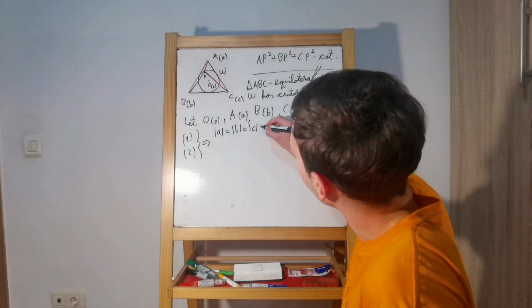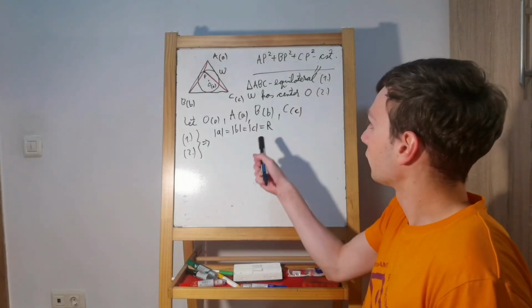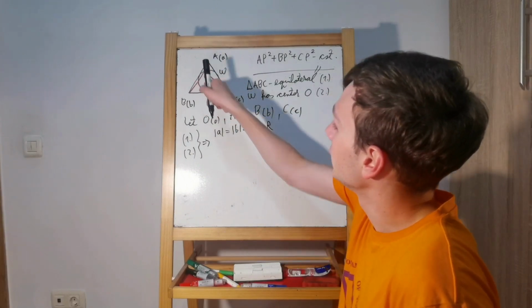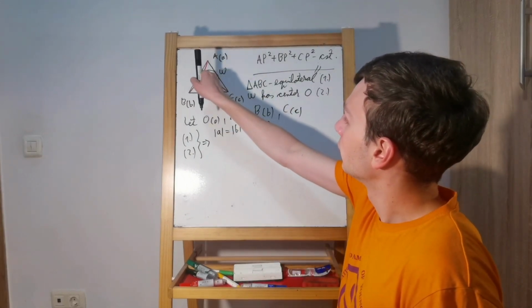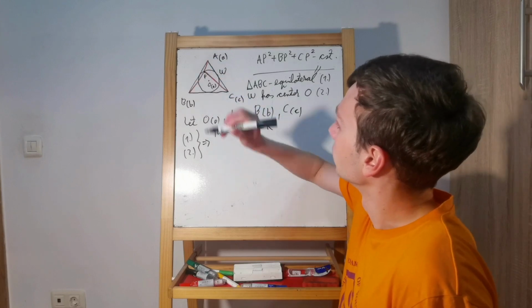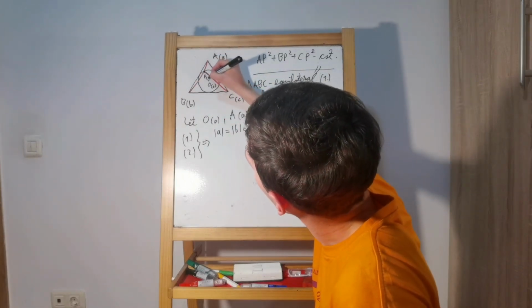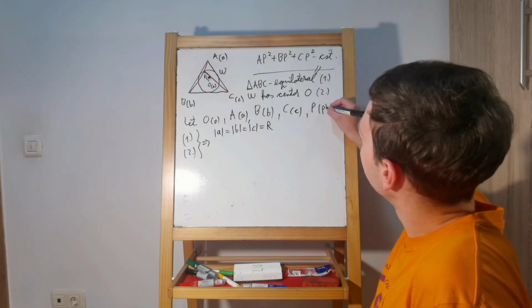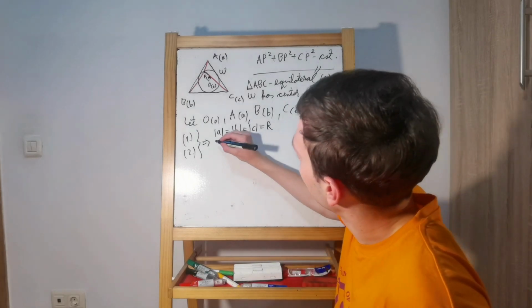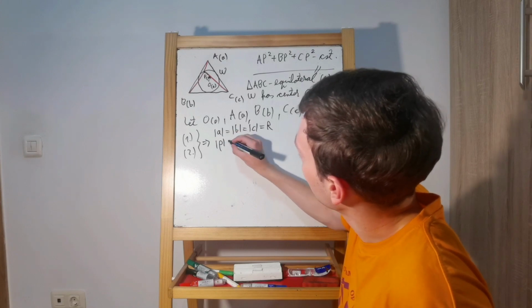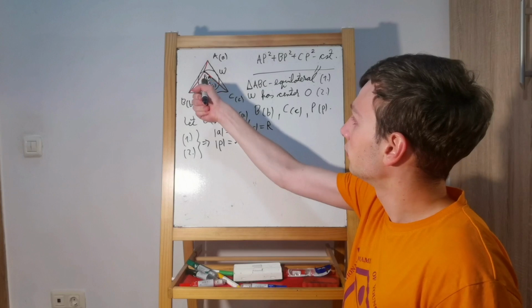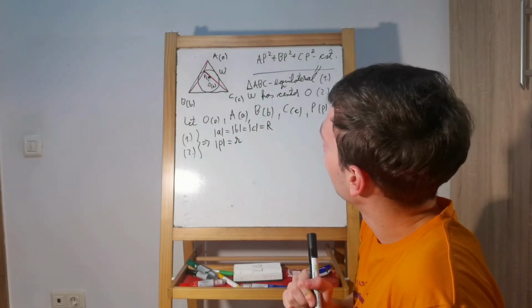It is R, big R, because it's the circumradius. The small radius will be the apex of this point, which we'll call small p. Alright, so we'll also let p have apex p, and we'll have that p has absolute value small r, the inner radius of the triangle.